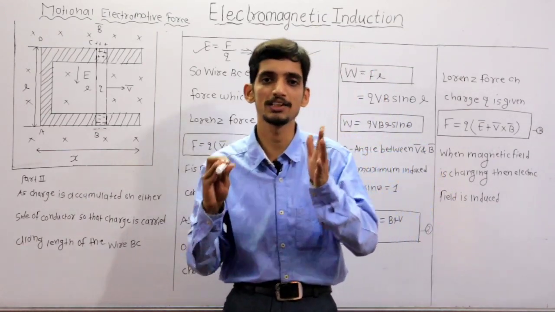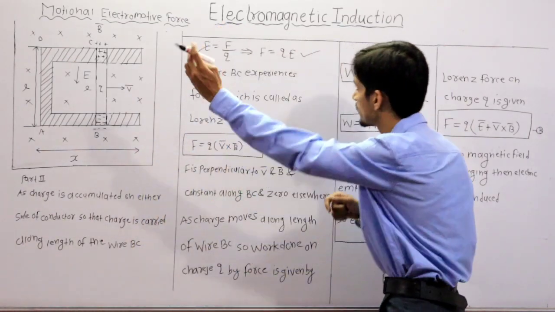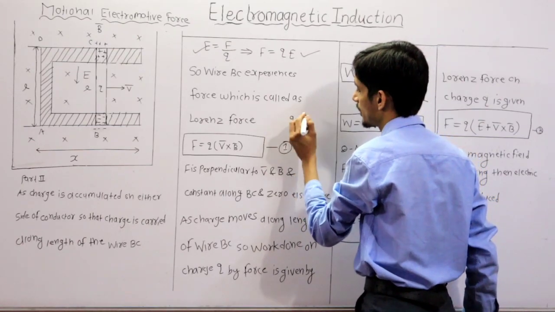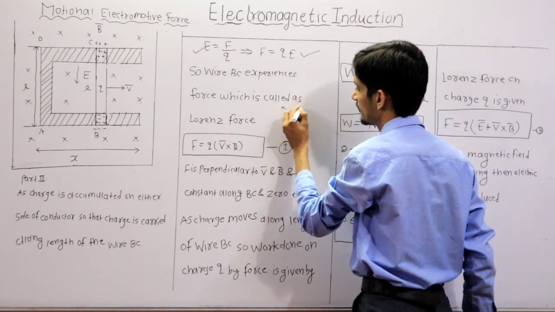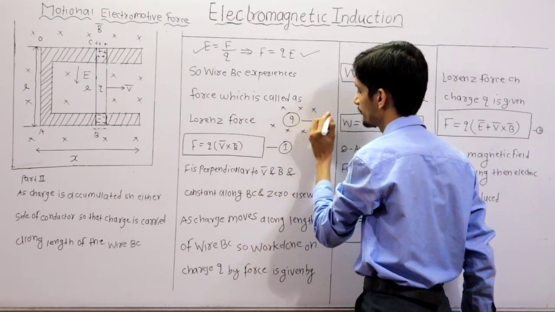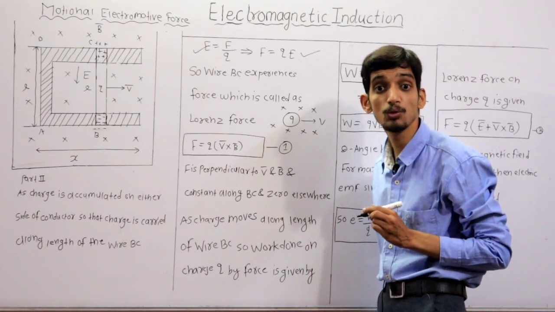Whenever a charge is placed in a magnetic field, suppose there is a charge Q placed in a magnetic field, and if this charge is in motion, definitely there will be a force.